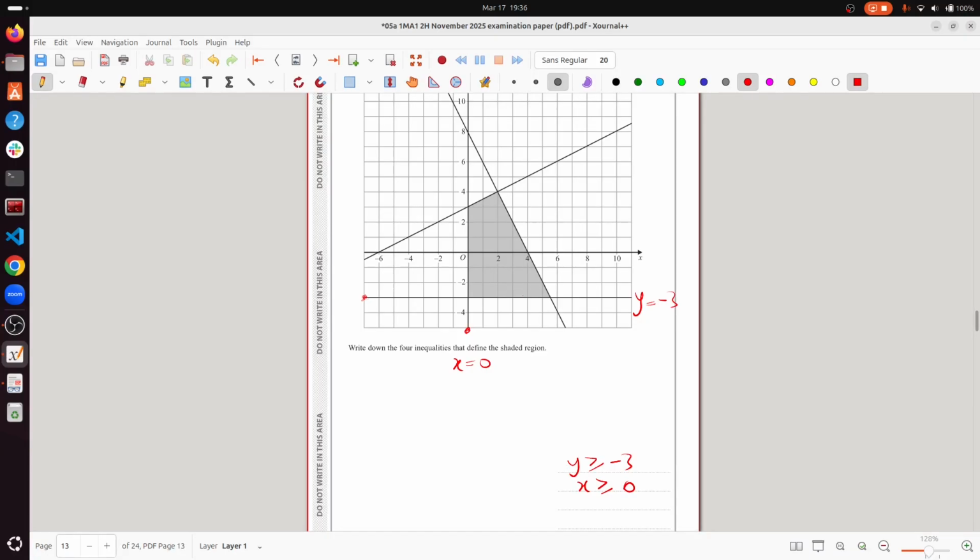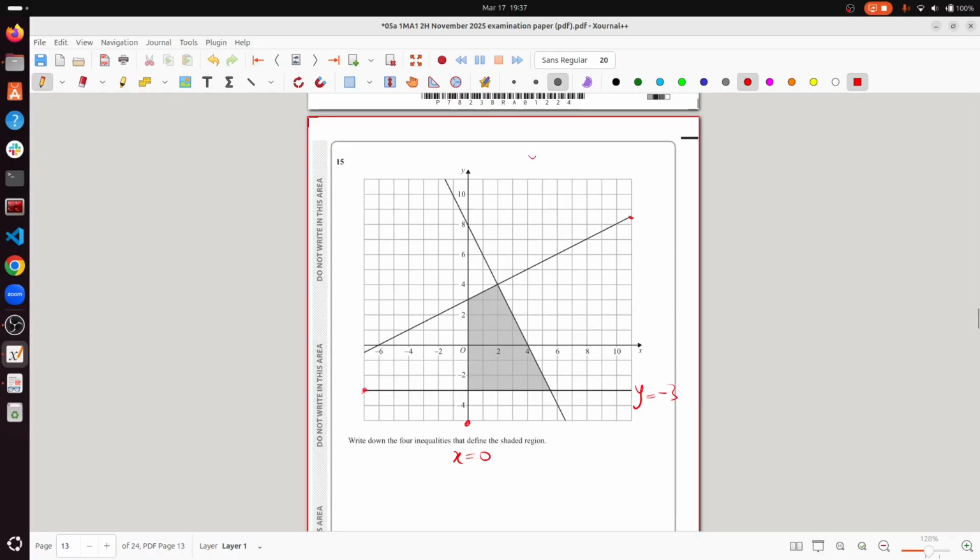For this line, to write the equation, it will be in the form y equals mx plus c. For the gradient of that line, I'm going to pick 2 points. I can see that for every 2 across, we have 1 going up. So the gradient, my m, will be a half.